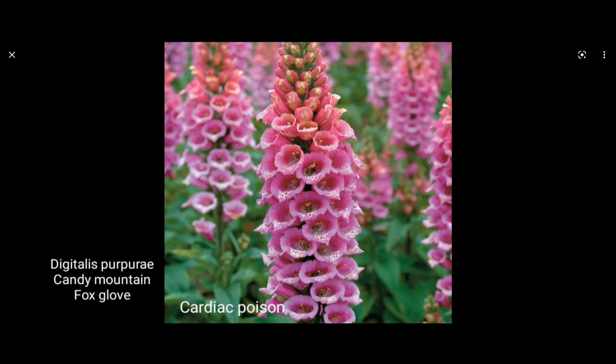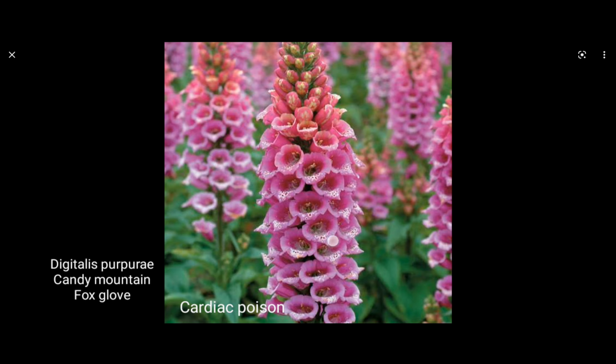Then the next image is of digitalis poison. Digitalis purpurea is a plant which looks like a bouquet, with pink flowers arranged in a bouquet. It is also known as candy mountain, like candies arranged in a mountain.